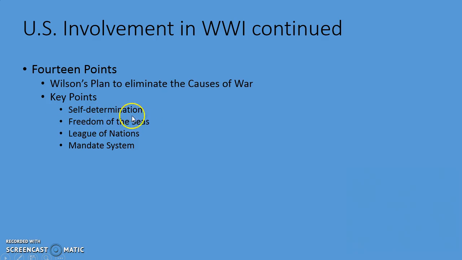Germany can't do that anymore. The mandate system, which is a way to get rid of imperial rule. And then the adoption of the League of Nations, an international peacekeeping organization that will keep peace forever, with a set of rules and guidelines and making sure that we're checking each other.